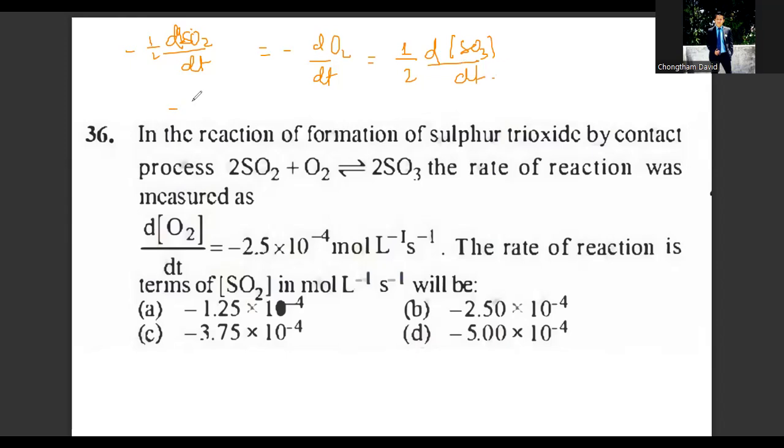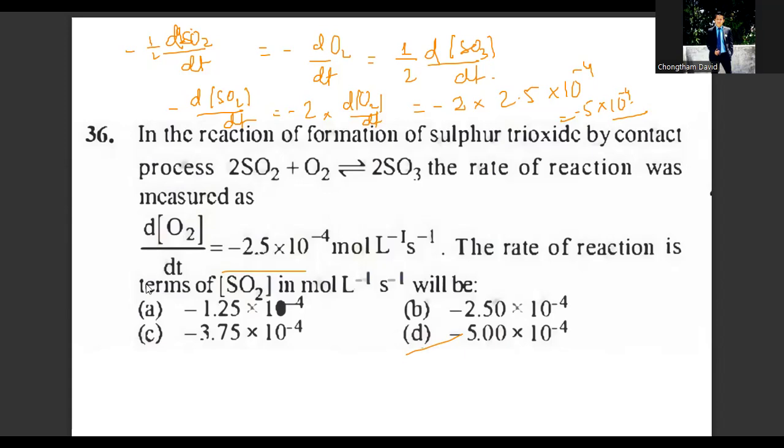So can I say this negative change in concentration by time of sulfur dioxide is minus 2 times that of the concentration change by time for oxygen? So this would be equal to minus 2 times, and you're given the value, how much? Minus 2.5. Okay. So substitute this value, you'll be getting 2.5, 10 to the power minus 4, right? So 5 into 10 to the power minus 4 mole per liter per second. So for question number 36, D would be the answer.